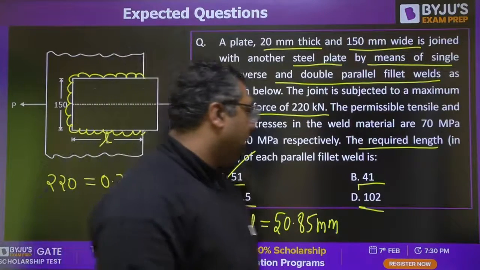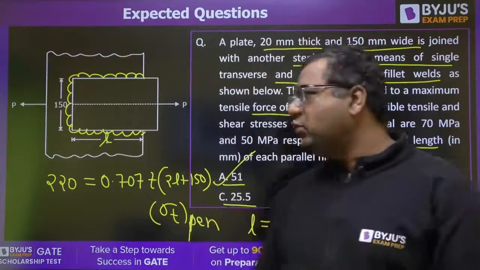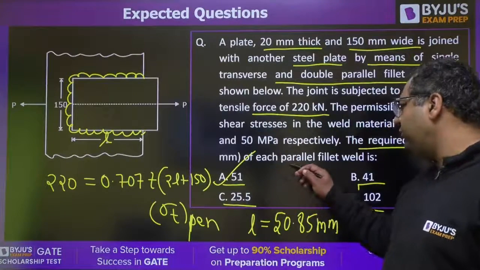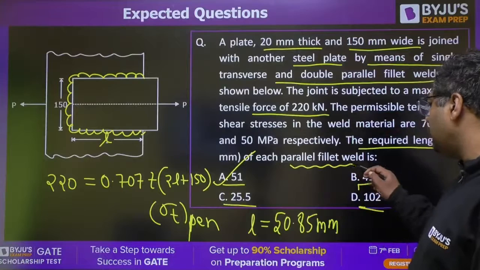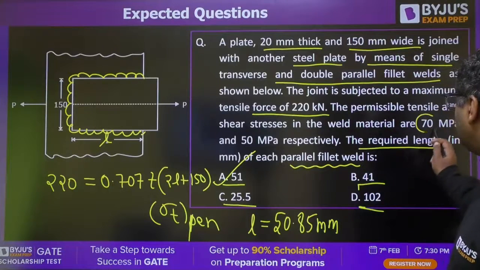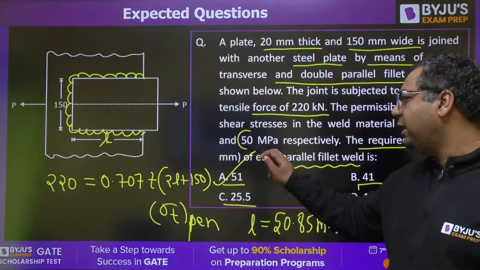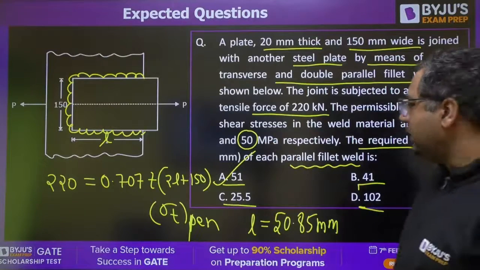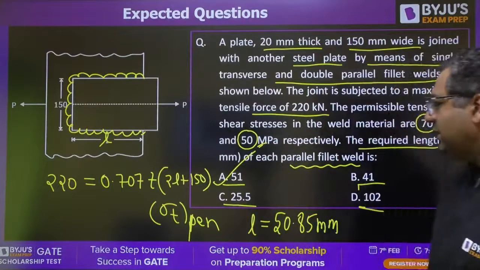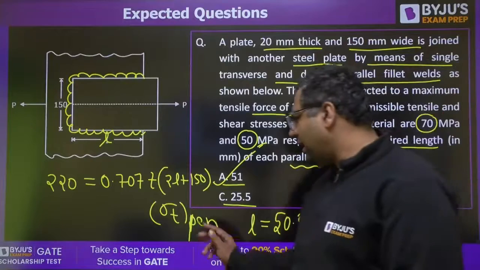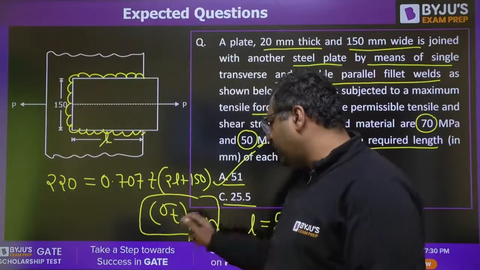So guys, whenever we are talking about the fillet weld, generally fillet welds are always weak in shear. Here they have given you both 70 MPa and 50 MPa. So I feel I have not written this correctly.